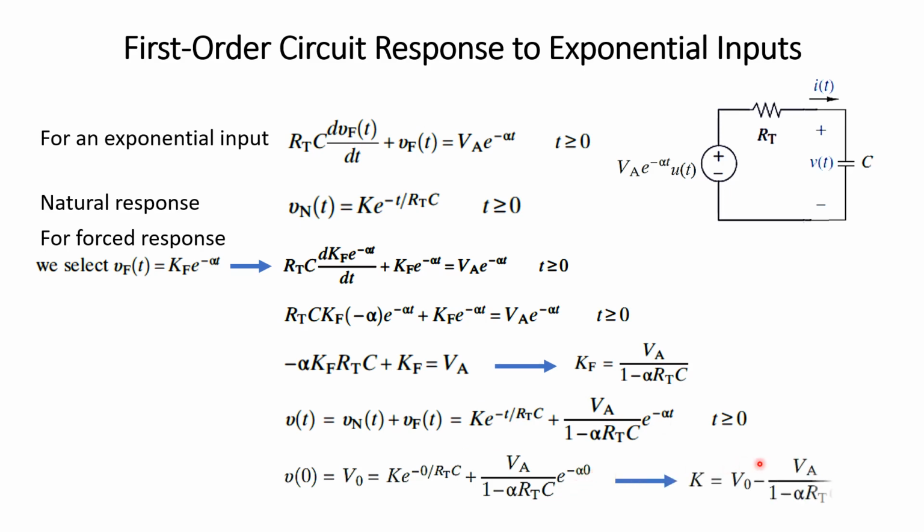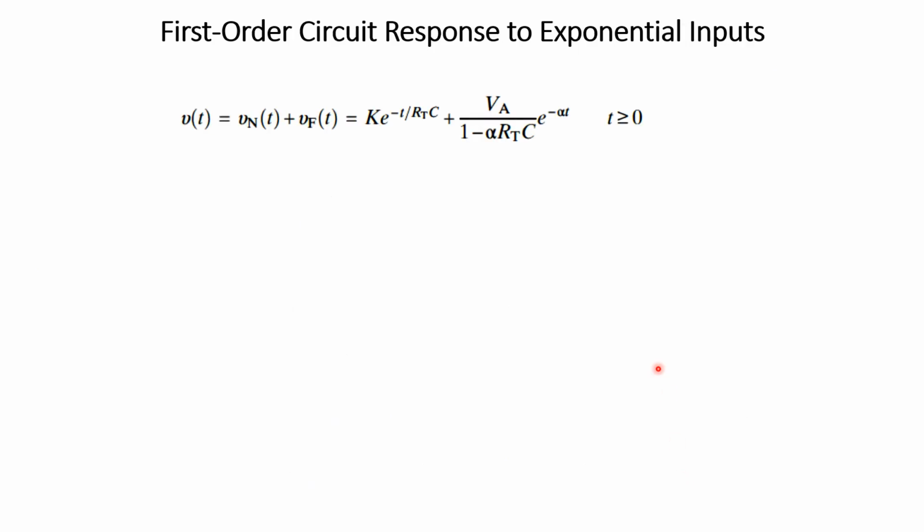So this k is equal to V naught minus this term, as e raised to the power minus alpha times 0, or minus 0, is 1. e raised to the power of 0 is 1, therefore k is determined.